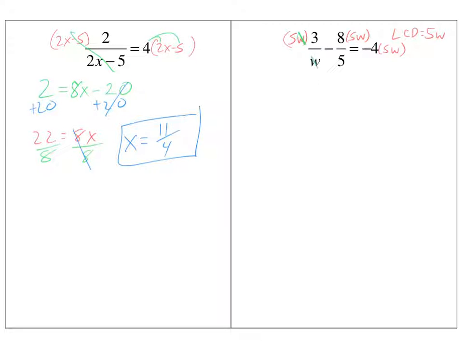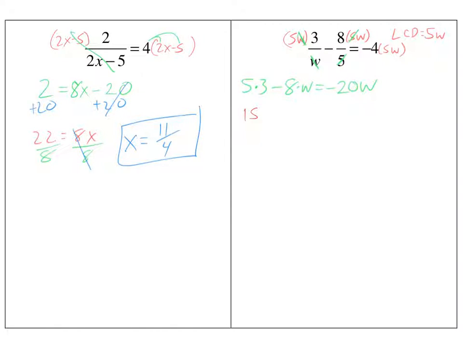The w's disappear, the 5 disappears, and you're left with the 5 times 3 minus the 8 times w, and then over here you get a negative 20w. So this becomes 5 times 3, this becomes minus 8w and negative 20w, and we can solve this. Again, instead of doing 5w, I could have multiplied everything times w, and then everything times 5, but that's a waste. Just do it all at once.